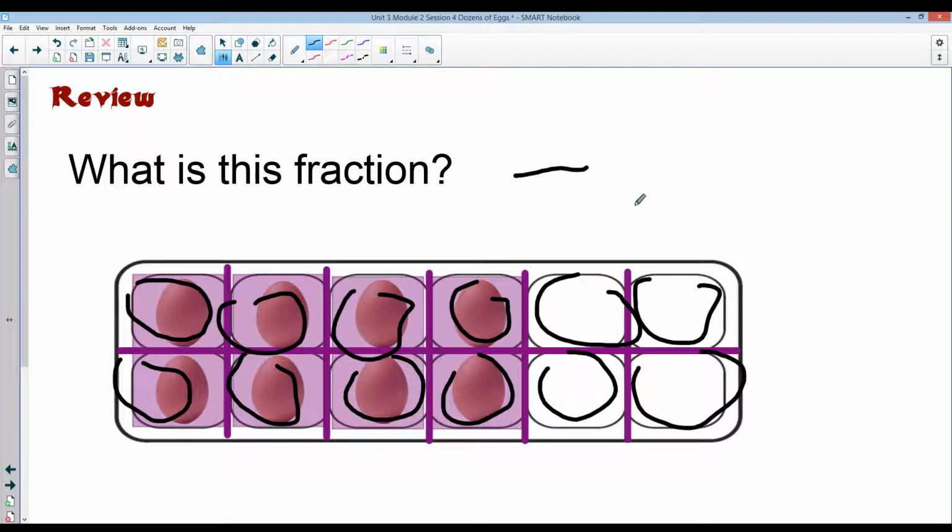That goes in the denominator. 1, 2, 3, 4, 5, 6, 7, 8 goes in the numerator. Okay, so 8/12 of 12 equals 8.